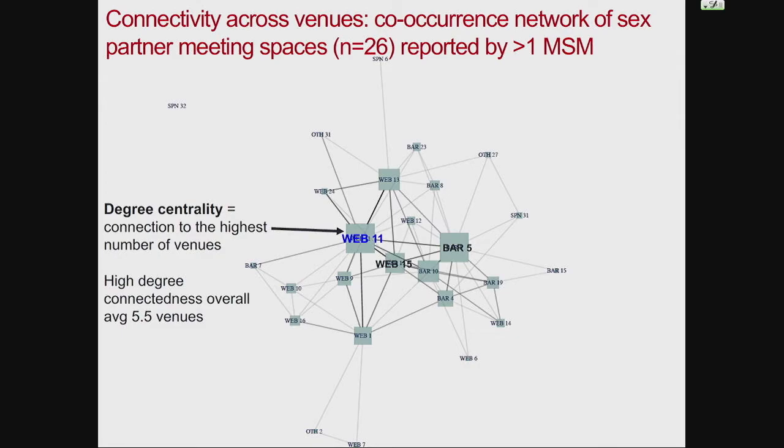Web 11 featured as the top measure of degree centrality, followed by bar 5, followed by Web 15. And the size of the venue or space is representative of the degree centrality.